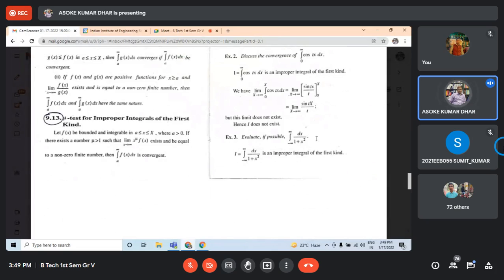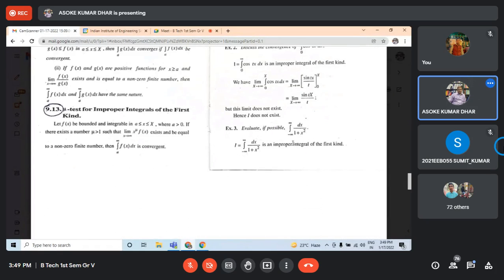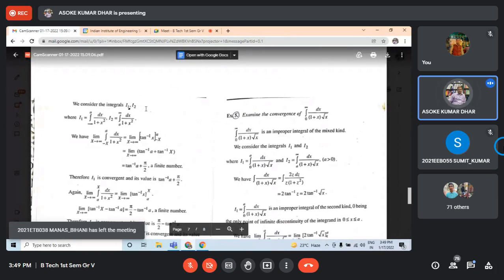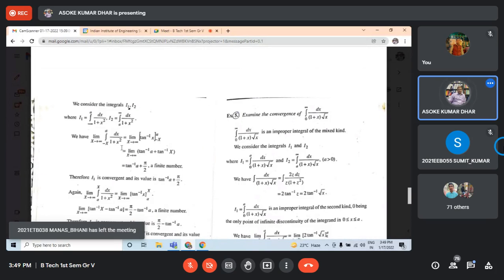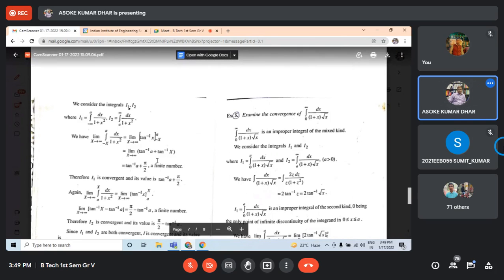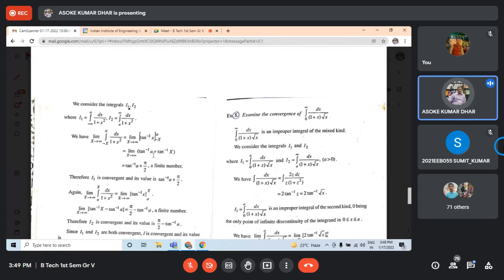Minus infinity to infinity dx by 1 plus x square. Very simple integration, tan inverse x. But you proceed in two parts, minus infinity to a and a to infinity. First kind, first type, minus X to a, integrating, taking the limit, and then finally X tends to infinity. Remember that tan inverse infinity means tan inverse tan pi by 2.